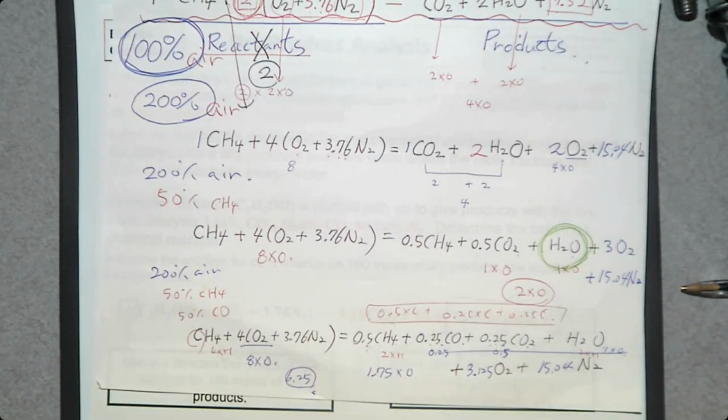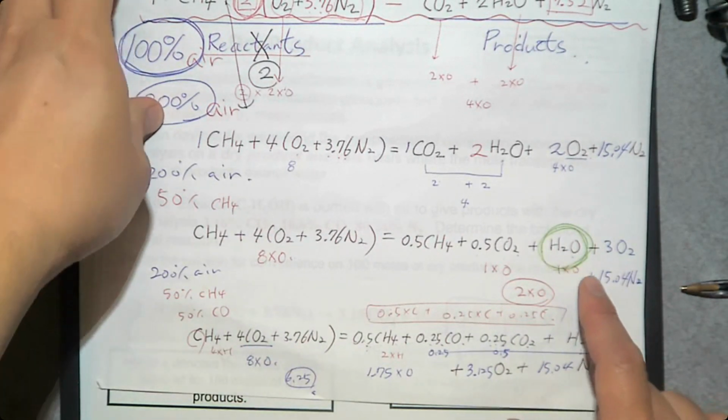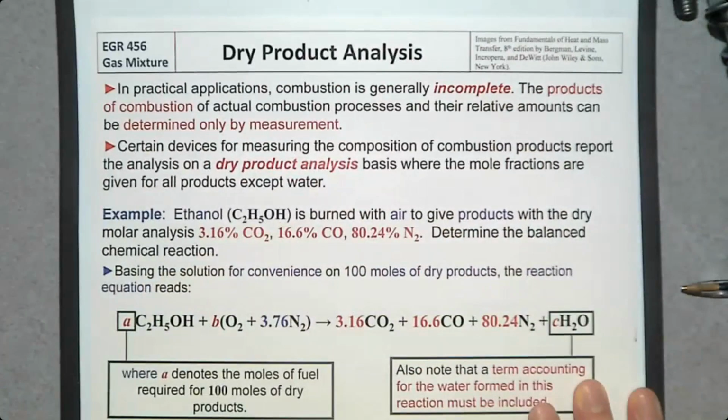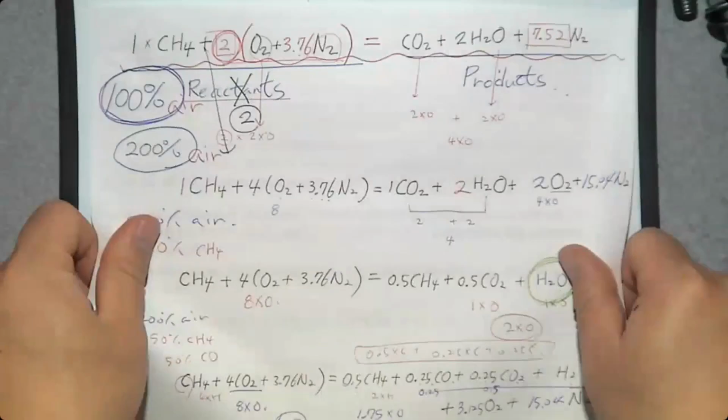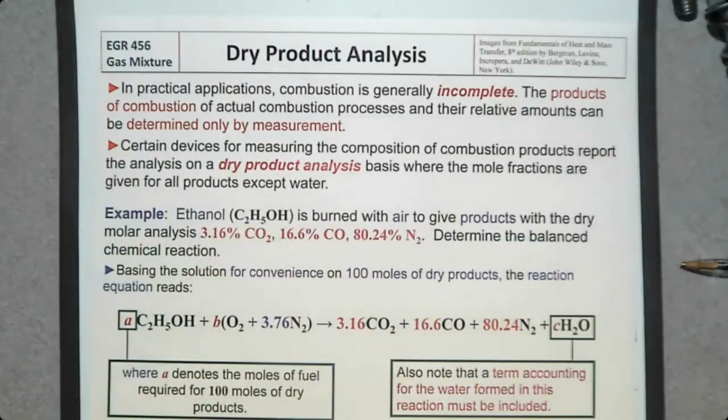There is no guarantee that this one is a gas, right? So the spectrometers cannot measure the amount of water. So the amount of water is what? You need to guess. You need to calculate by completing this balanced reaction equation. That is called dry product analysis. So this dry product analysis can only give you the amount of gas components in the products.